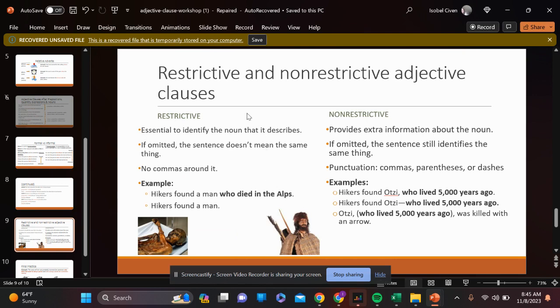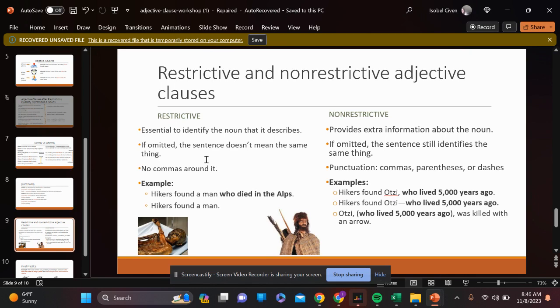So basically, one word about restrictive and non-restrictive adjective clauses is that a restrictive clause means that it's essential to identify the noun that it describes. That means that you must remember that the sentence doesn't mean the same thing without that adjective clause.